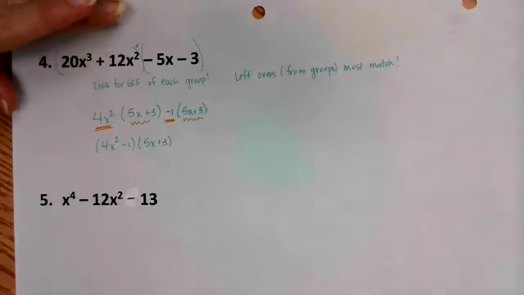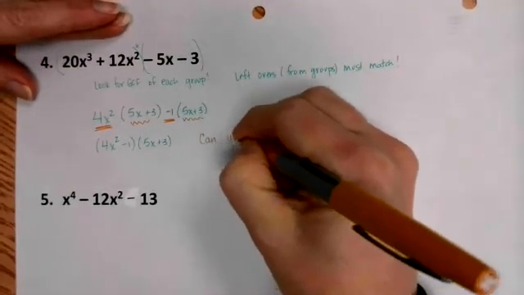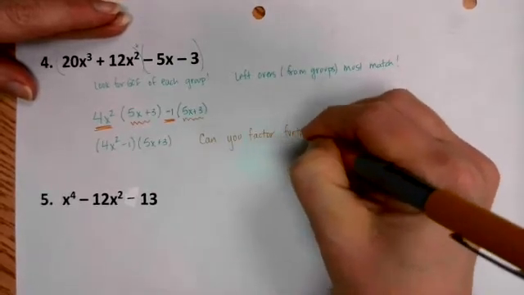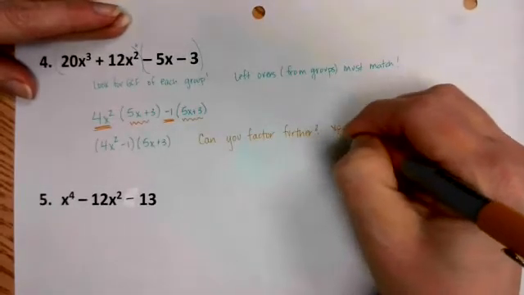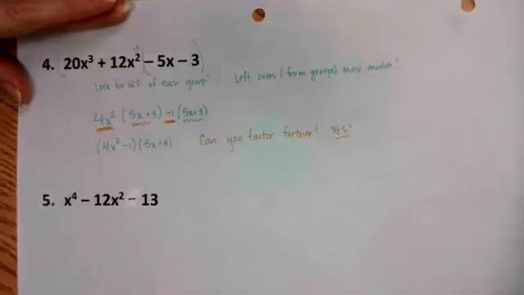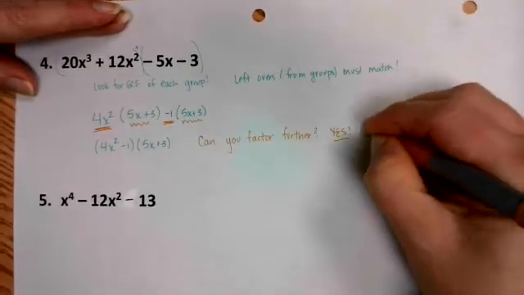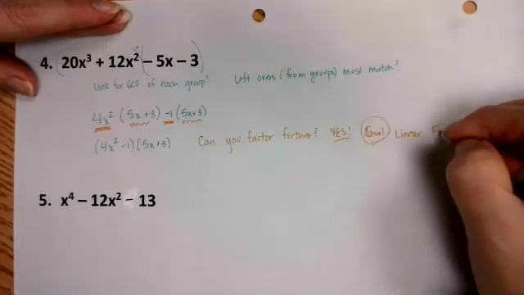So if you were to do this problem, I would ask you the question, can you factor any further? And the answer for this is yes. So our goal, which we don't always obtain, is to get linear factors.